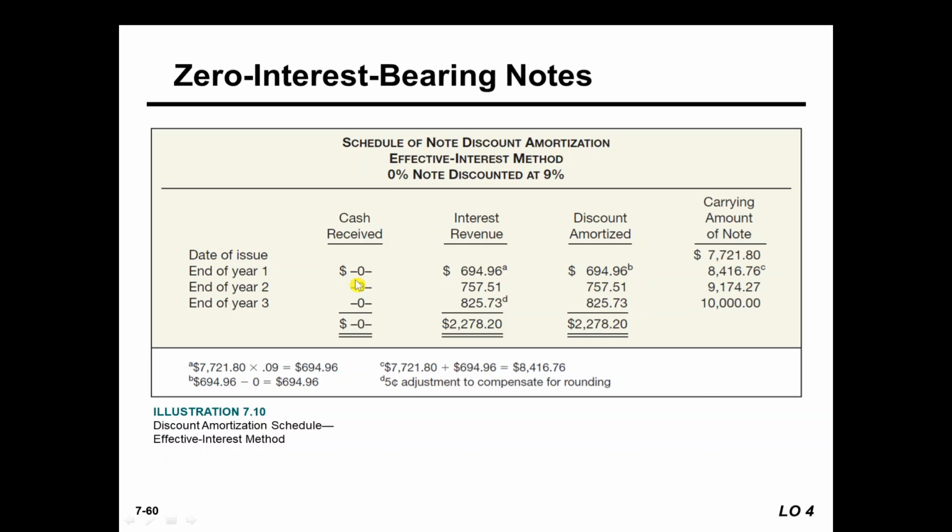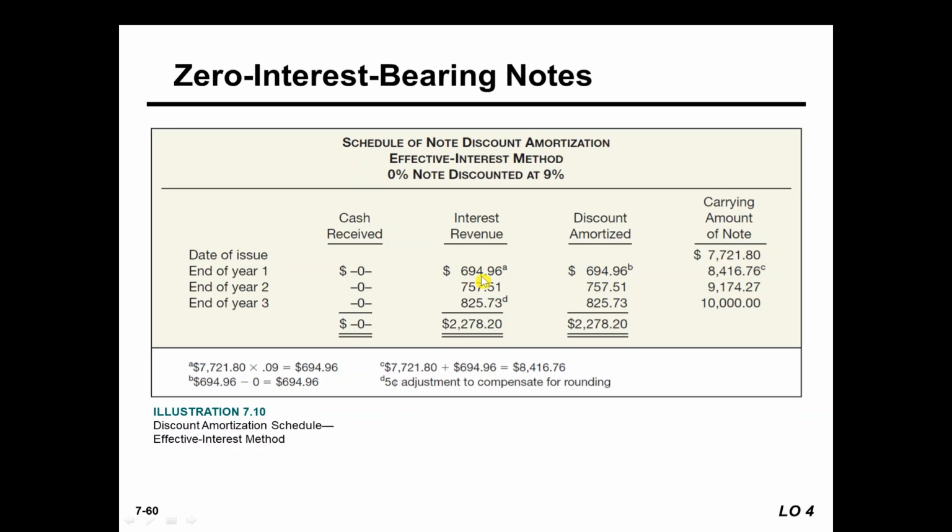Now, no cash is received by the payee during the life of the note. So what we need to do is calculate the amount of interest revenue to be recorded, since we need to add back to the carrying amount until 10,000.